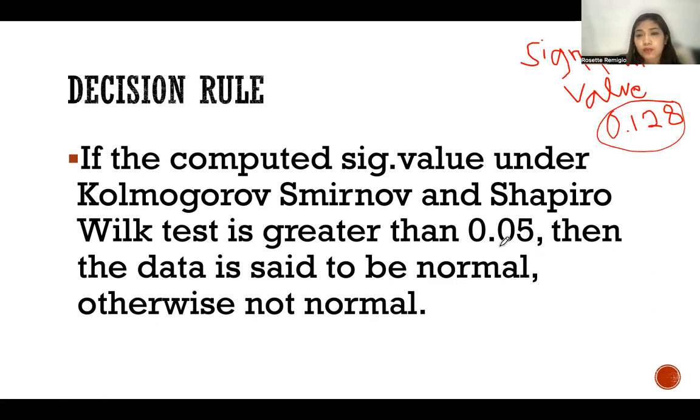Is it greater than 0.05 or less than 0.05? Again, if it is greater than 0.05, then it is normal. And if it is not greater than 0.05, it is not normal. So, since 0.128 is greater than 0.05, our data given is normal.